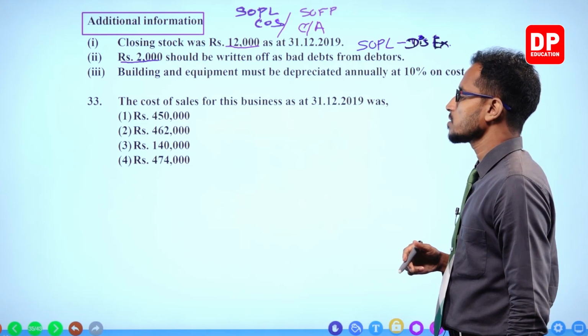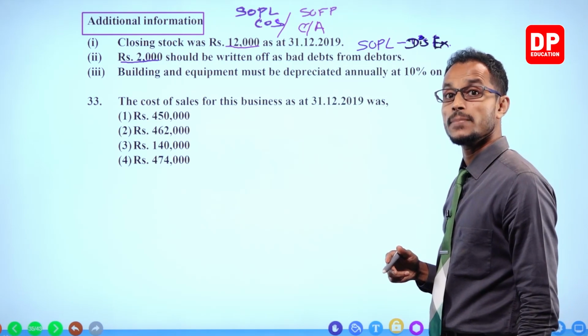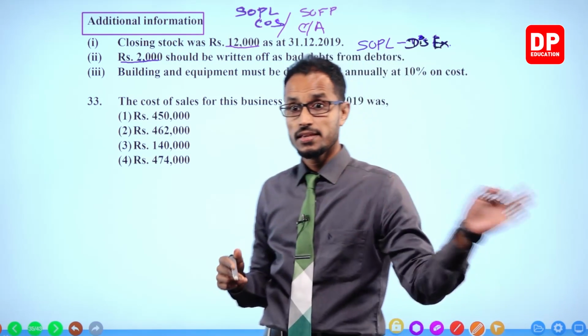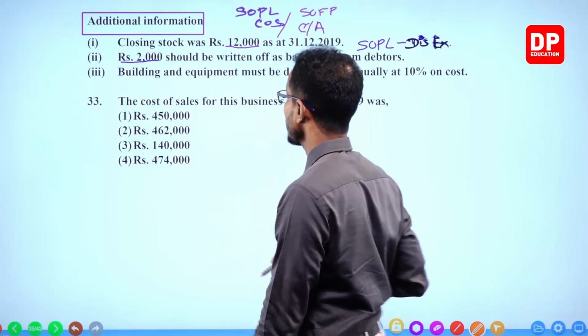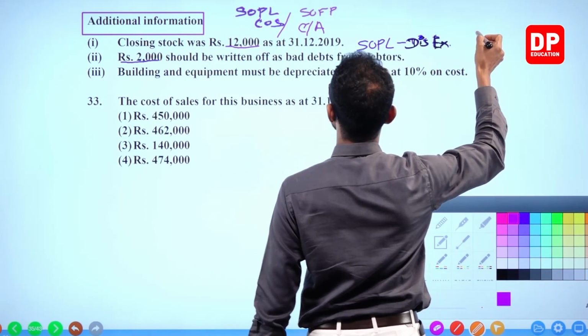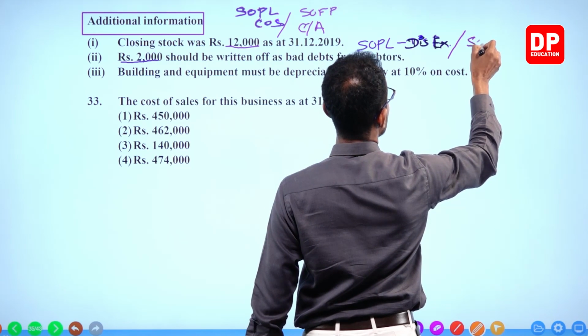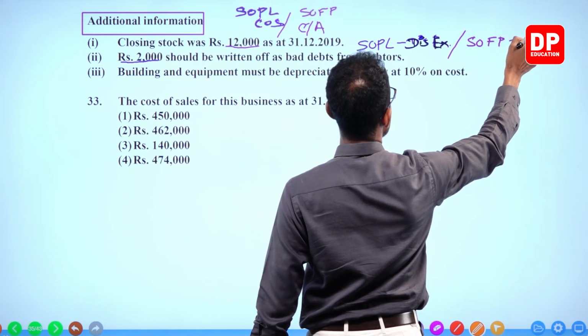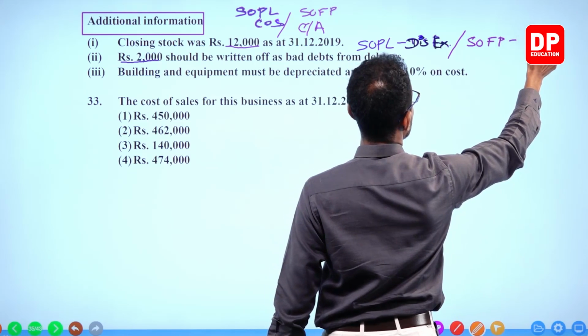And 2,000 should be subtracted from debtors in the SOFP, current assets.